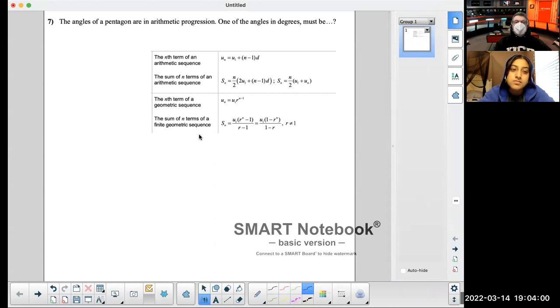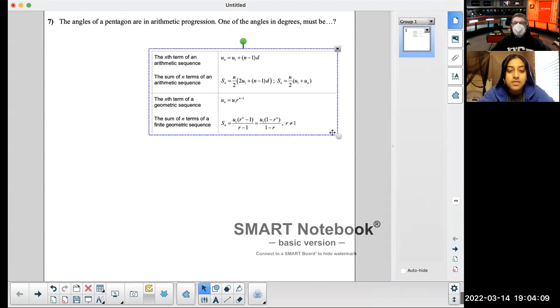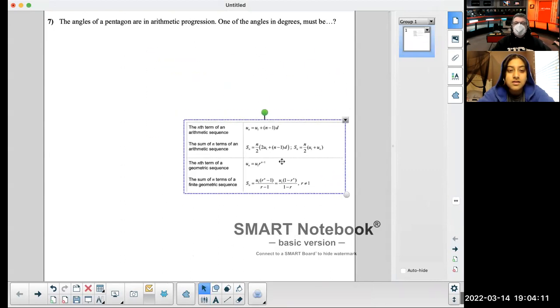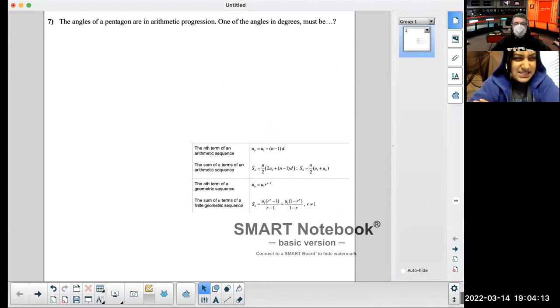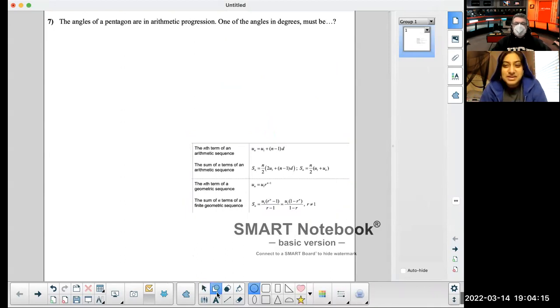All right, so angles of a pentagon, right? Do you know how to find the sum of the measures of the angles in any polygon? Is it n minus 1 times 180? N minus 2 times 180.